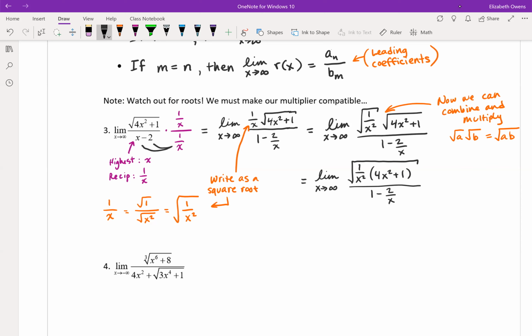So that makes our distribution possible here. Now we can distribute underneath the radical. And so underneath the radical, we're going to have a 4 for the first term, and then 1 over x squared for the second. It's still underneath the square root.